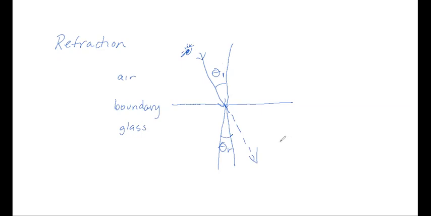That's why when you go fishing, the fish may look like he's closer than he really is. You have to make a little compensation for that. But it will actually slow down, and in doing so, bend towards the normal. And the amount of bending it does is a property of the materials. And this property of each material is called the index of refraction.